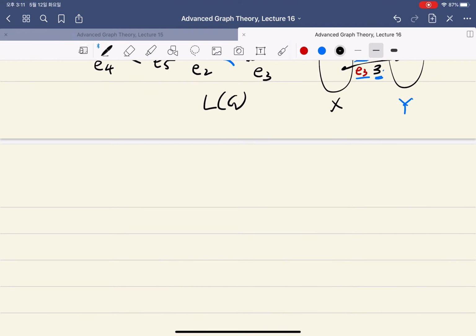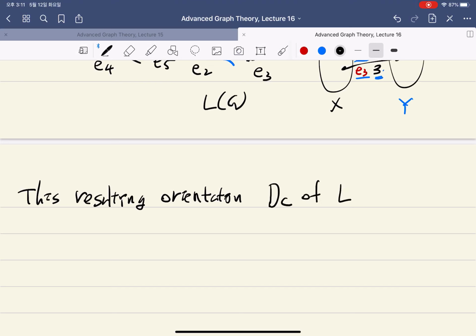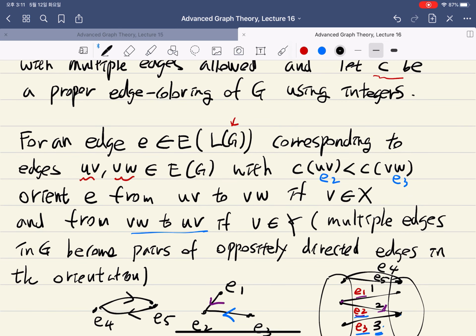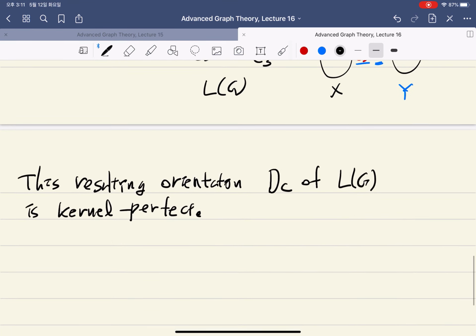So then the conclusion is this resulting orientation, say D sub C, so C defines this, of this line graph is kernel perfect. So this gives us some way of finding a kernel perfect orientation of a line graph of bipartite graph.